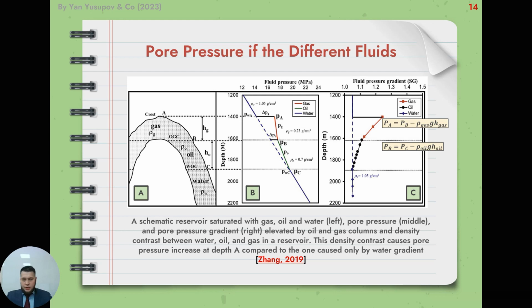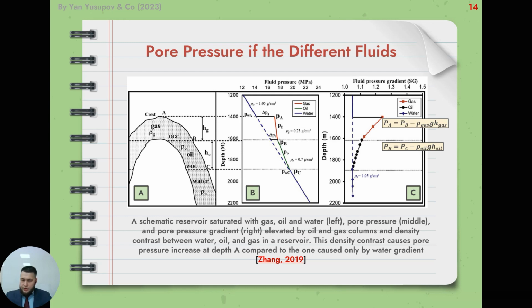Let's consider a situation where pore pressure has different fluids. The pore pressure gradient is different for a formation when we have different fluids, maybe oil, gas, water, brine, etc. In each fluid column, the pore pressure can be calculated using the previous equation with the density of the fluid saturating this column.